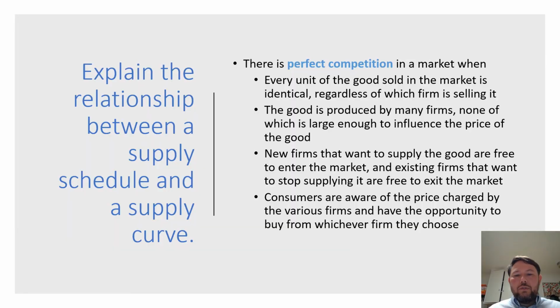As we're talking about market supply, we need to note that there is something that happens in supply that we didn't have to deal with in demand. So as we're thinking about this relationship between a supply schedule and supply curve, and the fact that we can have individual supply curves and schedules and market supply curves and schedules, we need to note that there can be a difference in the market supply curve when we have perfect competition as compared to monopoly.